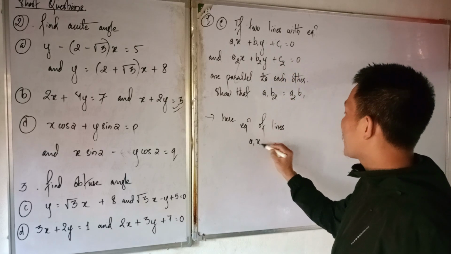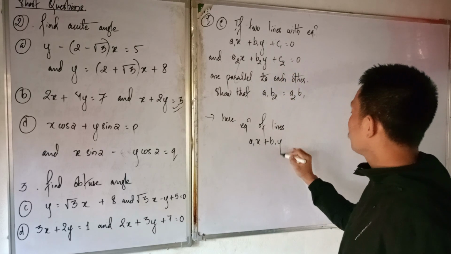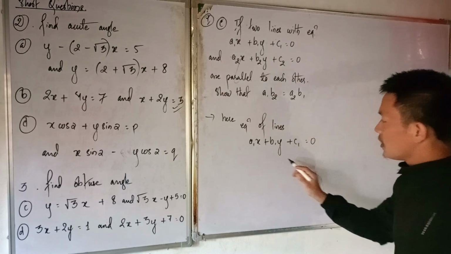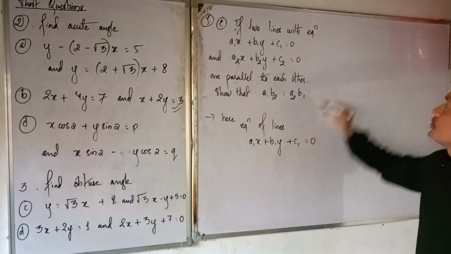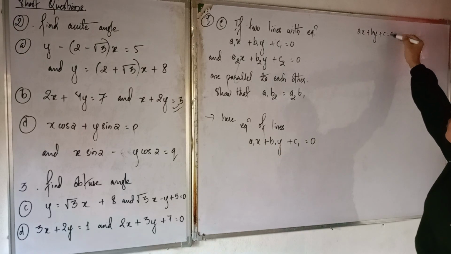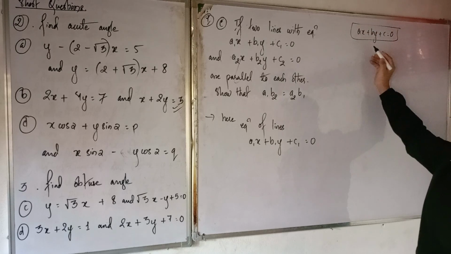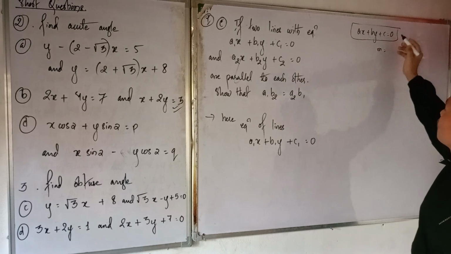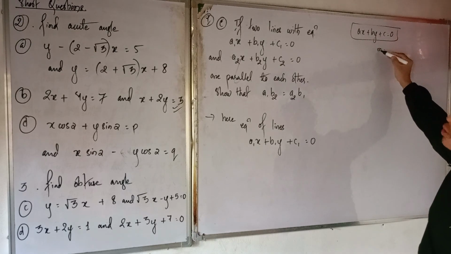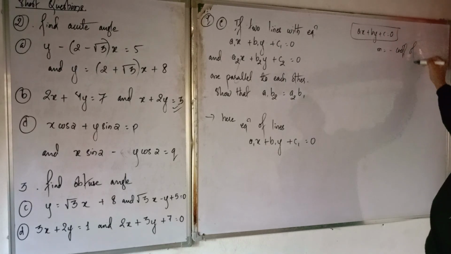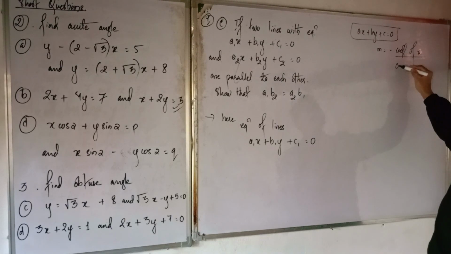One is a1x plus b1y plus c1 equals 0. So if the equation is in the form ax plus by plus c equals 0, in this case we can use the formula to find the slope of that line, where m denotes the slope: minus coefficient of x divided by coefficient of y.